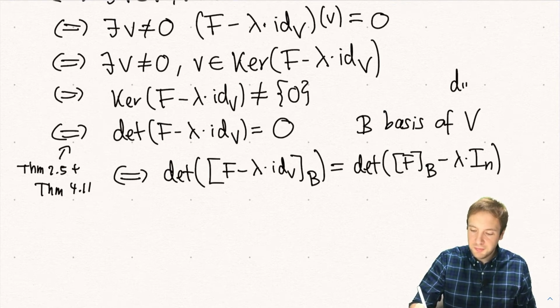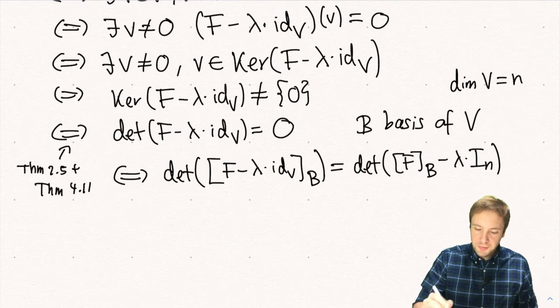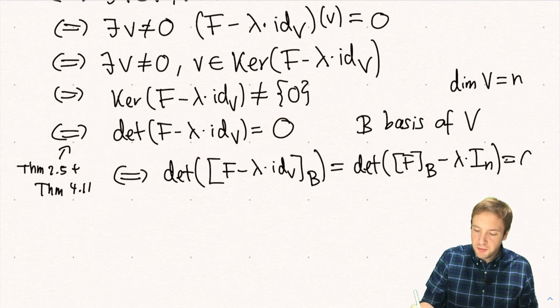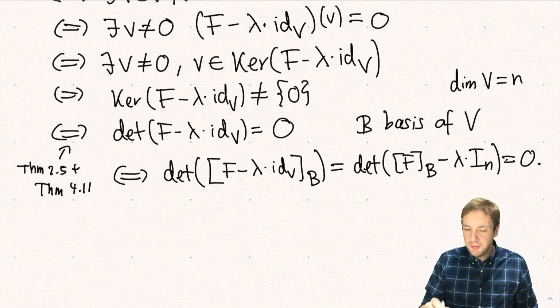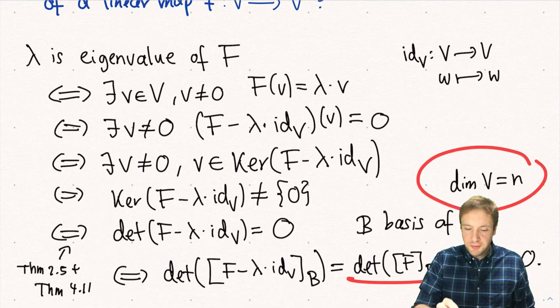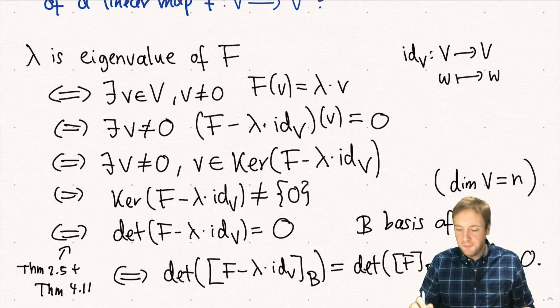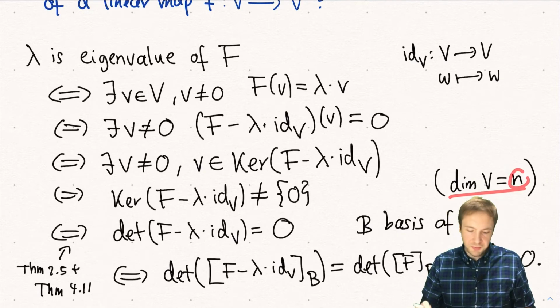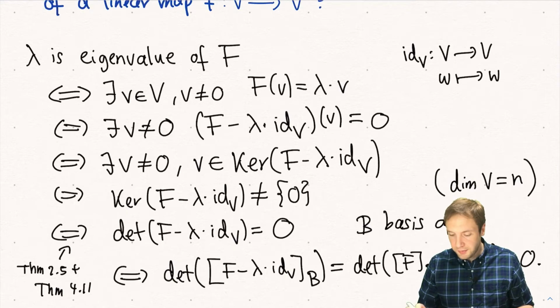Here in this case the dimension of V is n. So therefore the statement that the determinant is 0 means that the determinant of this matrix here is 0, and all this now is in the case when V is finitely generated, meaning the dimension is finite, in this case n.